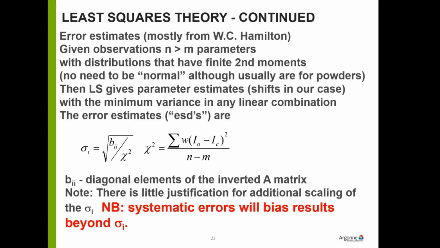And by the way, there is no justification for rescaling these for any such purpose. The key point is this one right here that's in red. If there are systematic errors because the model is incomplete, then the values could easily be way beyond their estimated standard deviations from the truth. So that's the problem.